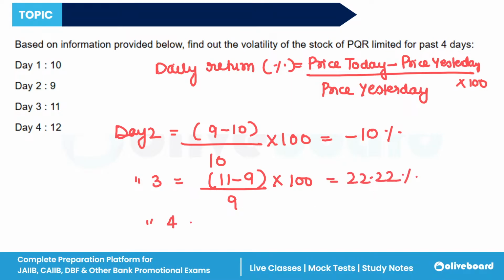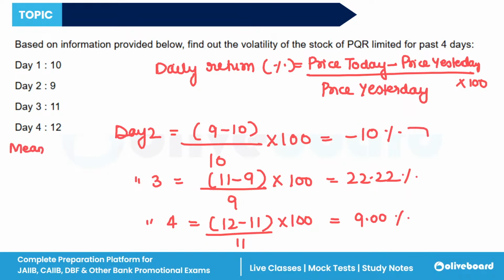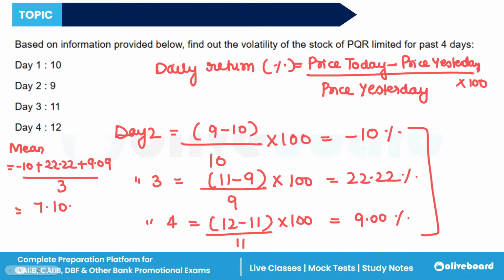For day 4, it is 12 minus 11 divided by 11 multiplied by 100, which is equal to 9.09%. So now calculate the mean return. How to calculate mean? Take the sum of all daily returns. So minus 10 plus 22.22 plus 9.09 divided by 3, you get 7.1033%.